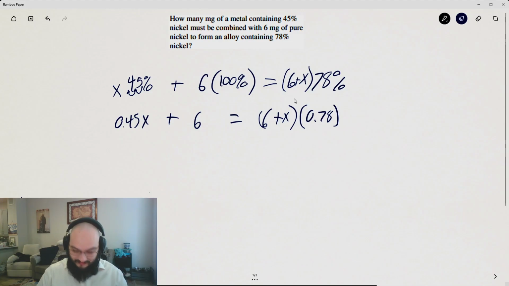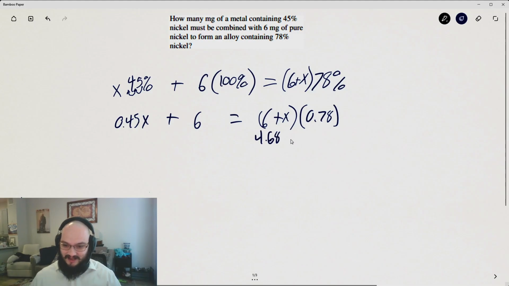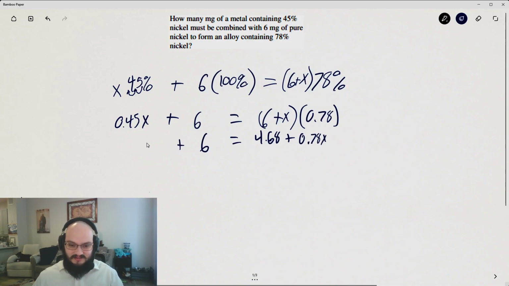We have 0.78 times 6 is 4.68, and that's going to be plus 0.78x is equal to 6 plus 0.45x.